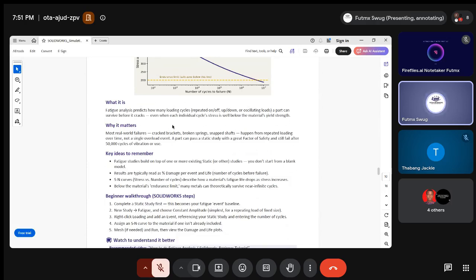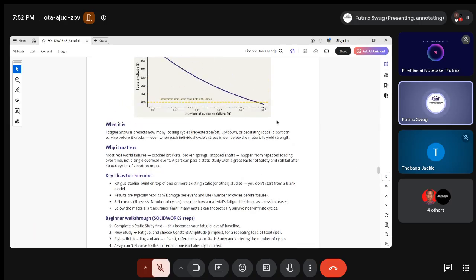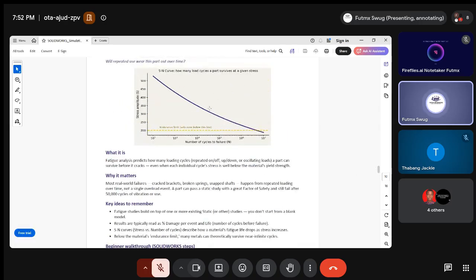A part, they said, can survive before it cracks under repeated loads. You want to know whether it can survive before it cracks, even when each individual cycle stress is well below the natural yield strength. So you may be saying that, oh, when I apply this load on this part, it is still not yielding.